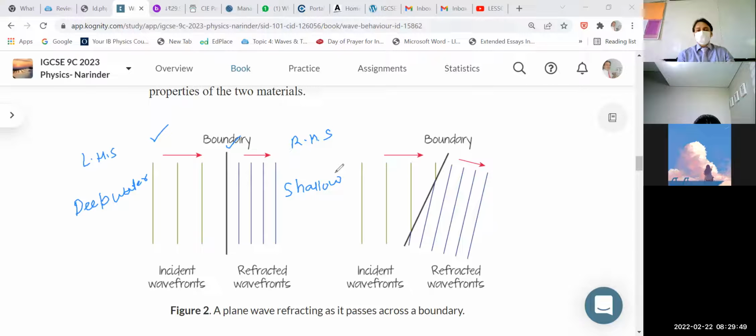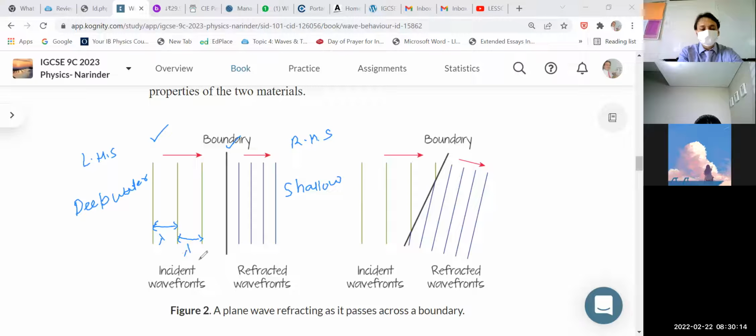Now the question is, children, what happens with this plane wavefront? Listen carefully. What happens with this plane wavefront when it strikes the boundary, when the boundary is again parallel to the plane wavefront? In that case, you can see from the picture what you can observe. Again, remember, children, this is called wavelength. This is the wavelength of the wave.